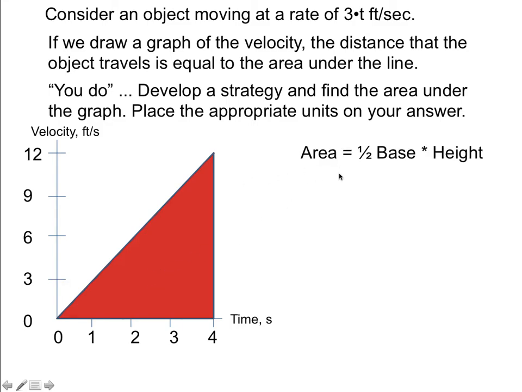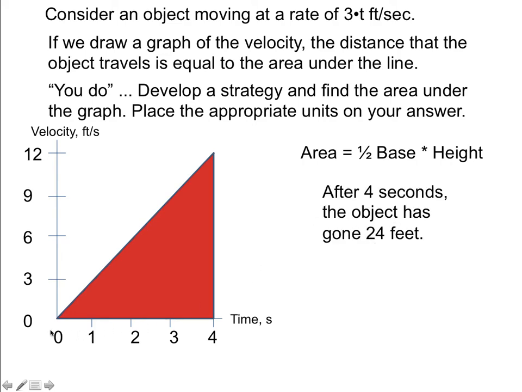So we know that, going back to geometry, area is half base times height. So our base is 4, and our height of our triangle is 12. Okay, so if we use our symbol, we're going from time equals 0 to 4, and we're saying let's integrate, or let's accumulate the area underneath this velocity function here.